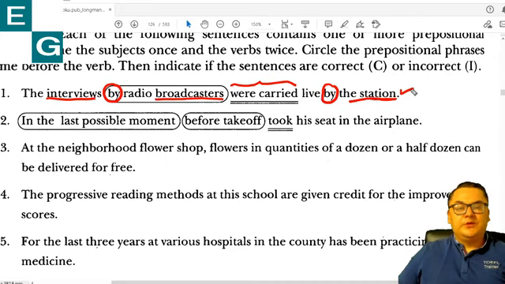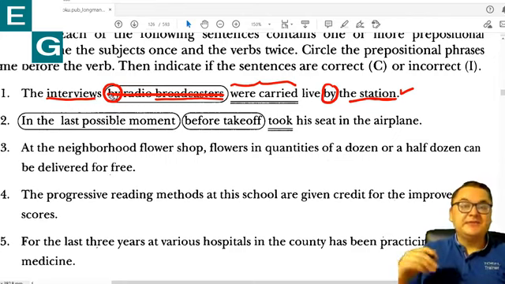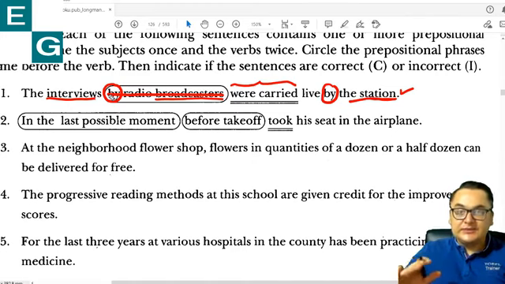Now I have the words interviews and radio broadcasters. Since radio broadcasters is with a preposition, I am going to take it out. I am going to delete it. I am going to not pay attention to it.